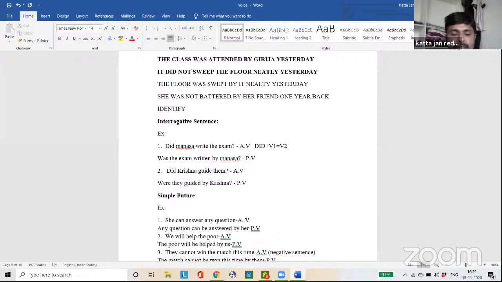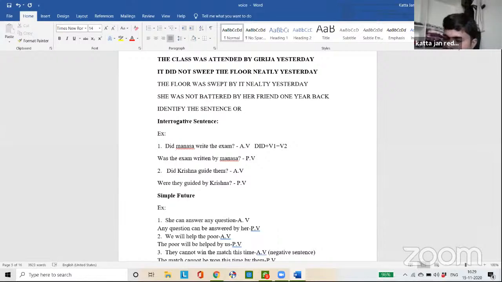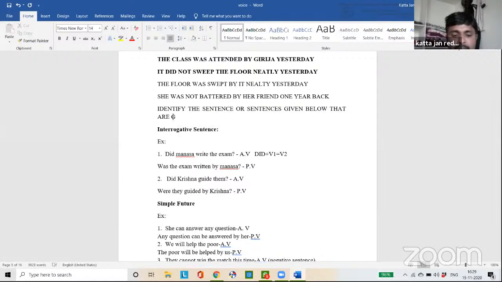Identify the sentence or sentences given below that are grammatically wrong, right?